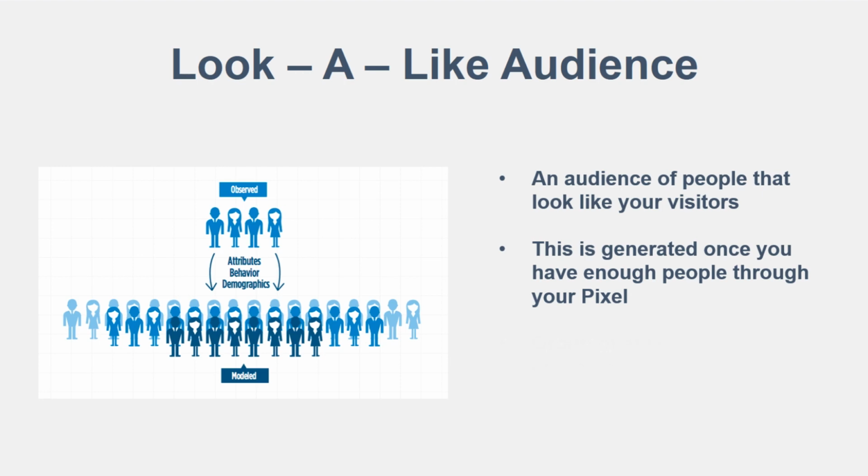You have to have a group of at least 1,000 people that have come through your website, who either purchased something or added to cart. It doesn't necessarily have to be 1,000 sales. It could just be 1,000 people that have come through and given the pixel data, whether that's clicking on to view your website. All that kind of stuff matters too.